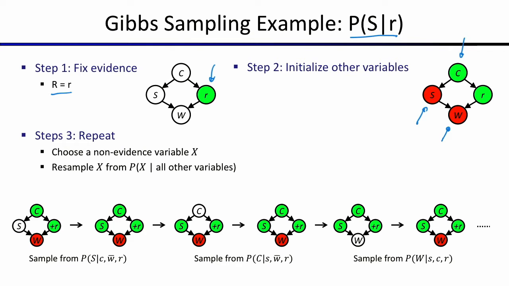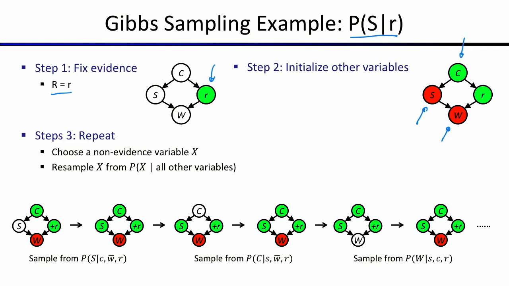So we need to start changing this in order to make it follow the distribution expressed by the network. And the way that we do that is by choosing one variable at random and changing the value of this variable according to the values of all the remaining variables that we have in the network.